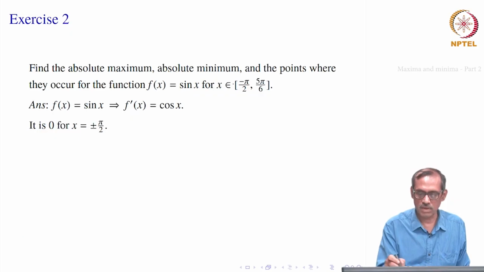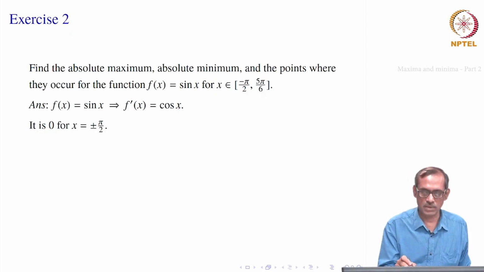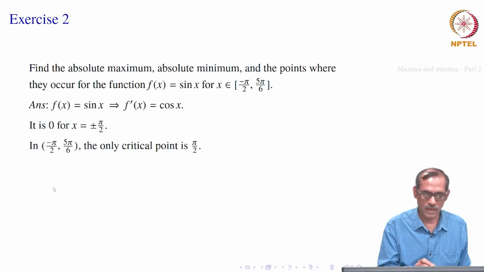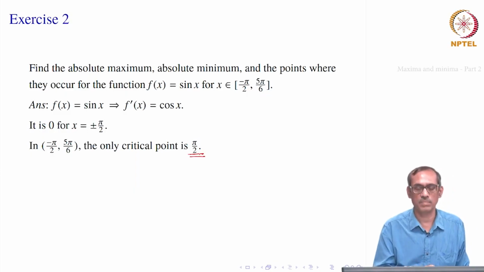Of course, it is differentiable everywhere, so we do not have to worry in the interior. This f prime x equal to cos x is equal to 0 where x is an odd multiple of pi by 2. So, at minus pi by 2 and also pi by 2, but minus pi by 2 is an end point. So, the interior point is pi by 2, and the only critical point is x equal to pi by 2.